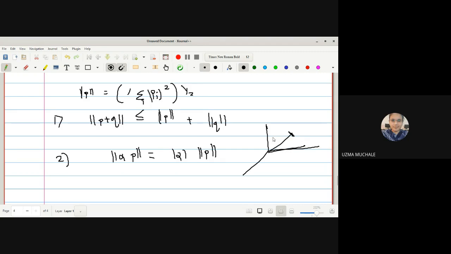So I can have this as the value of the norm of P. The second property will work as follows: suppose mod of alpha, where alpha may be positive or negative, but after taking the mod it will again be positive. So you can have this, and here mod of alpha into norm of P. If alpha is 0, it will come to the origin. If alpha is negative or positive, it will come here only.